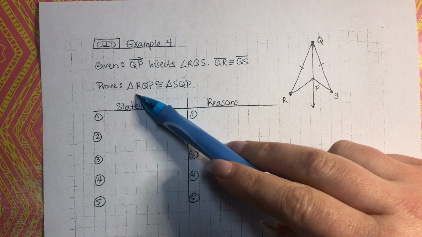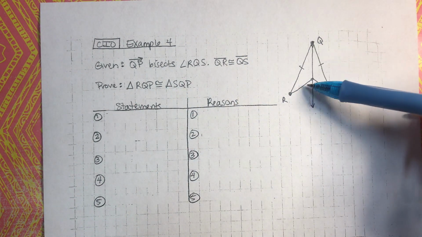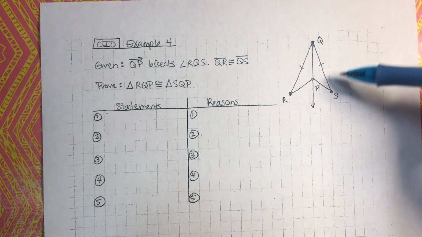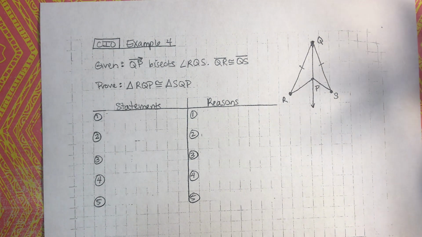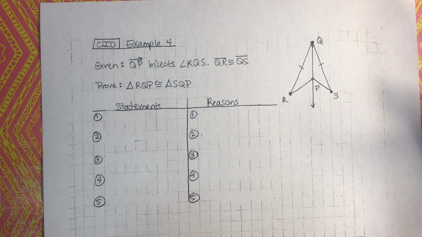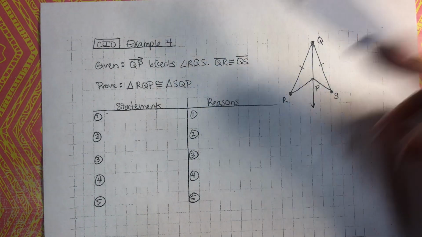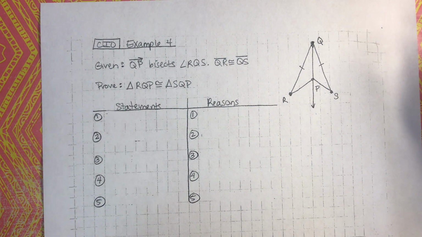And we have to prove RQP, this triangle, is congruent to SQP, this triangle here. I wonder how we're going to do this. Do you have any ideas? Okay, let's take this first piece. All right, so what does that mean?